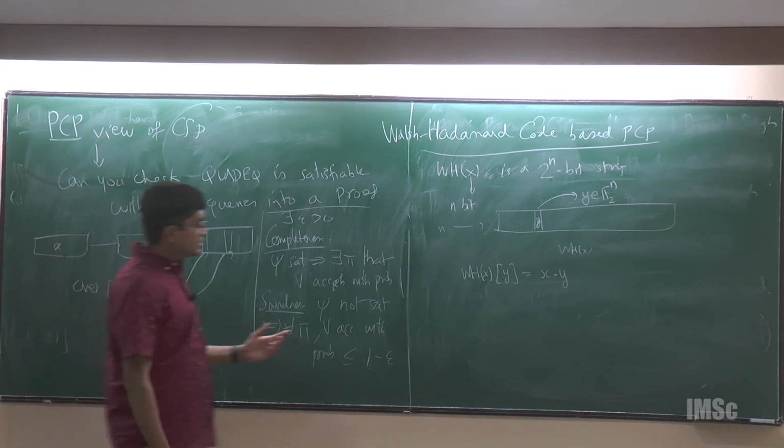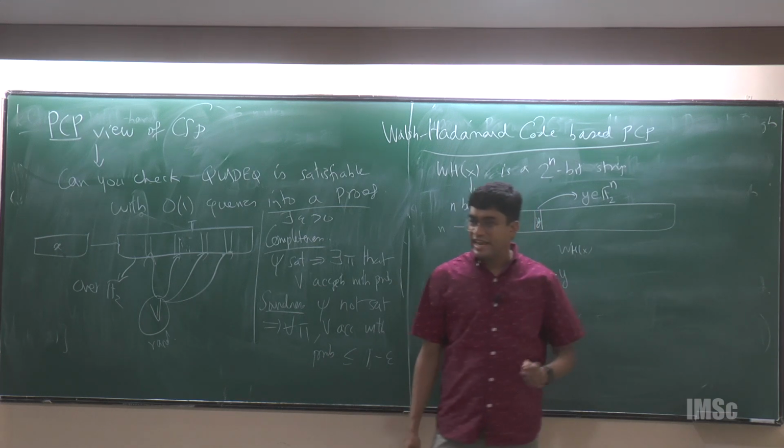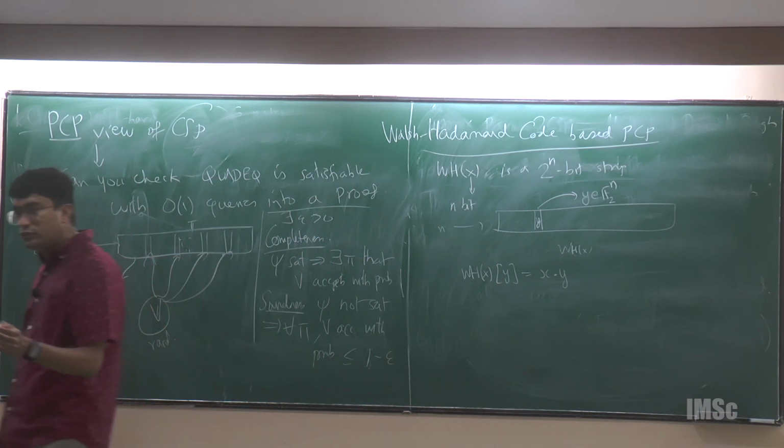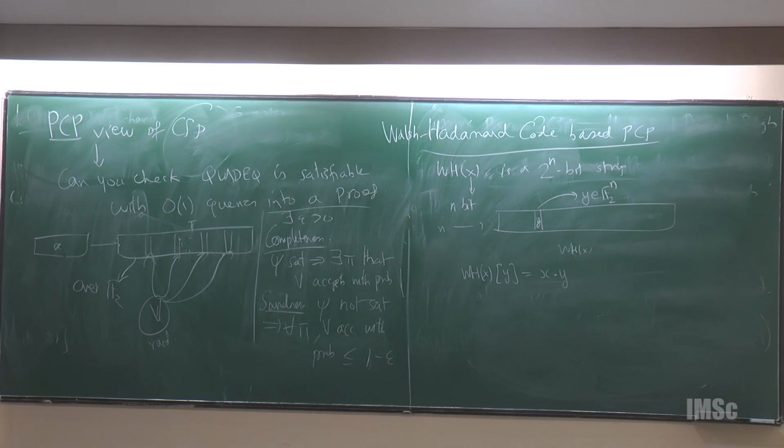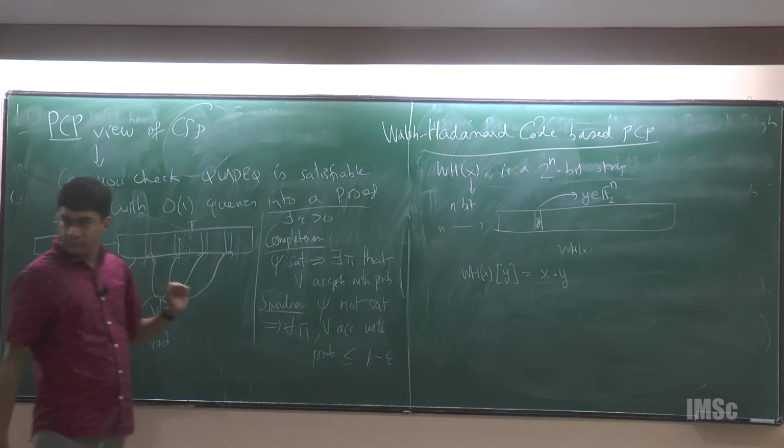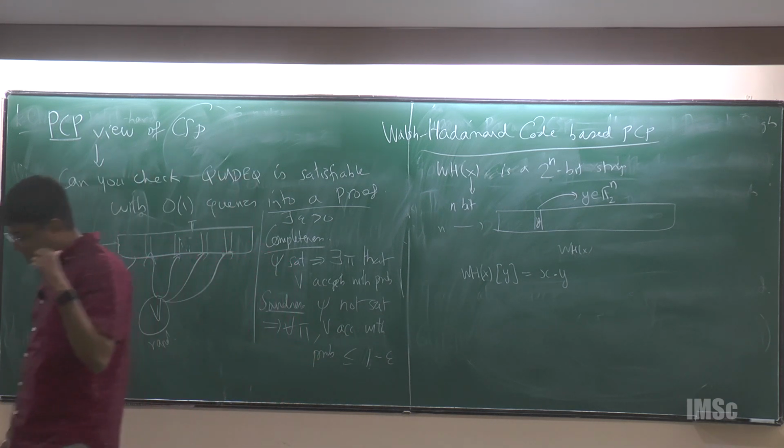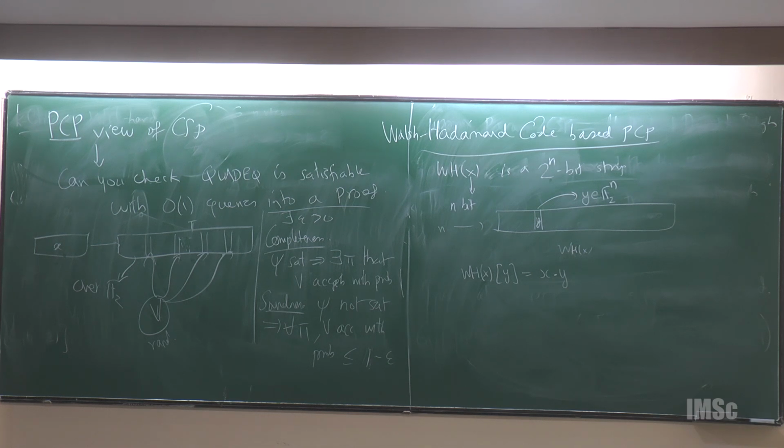But the key advantage with this is that any linear function you want of your x, you can get it with one query. If you want to know what the x dot y is, just go and look at it there. It's there for you. So you basically blow up this proof enormously. Now note that this is a very bad thing to do in the regular NP hardness world, because you're going from n bits to 2 to the n, an exponential time reduction.